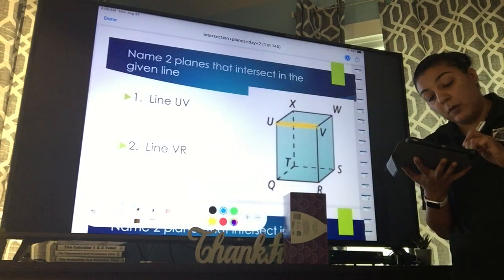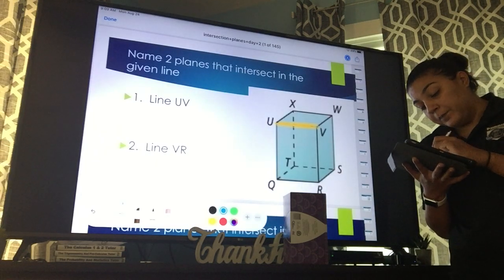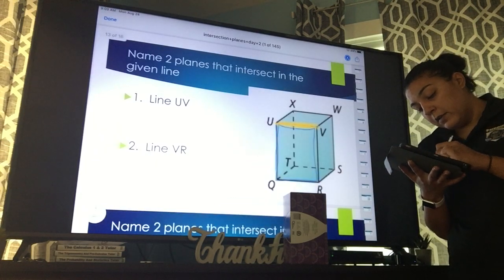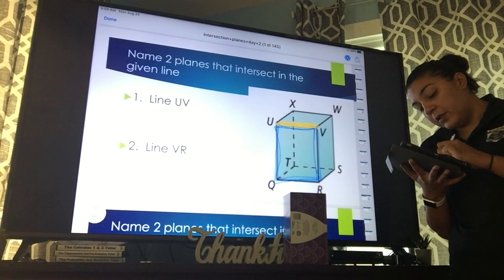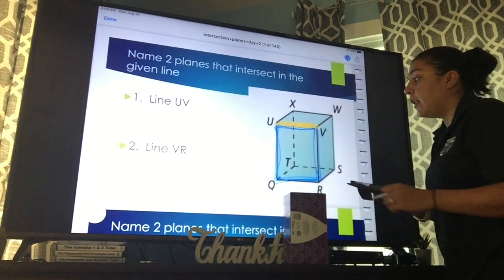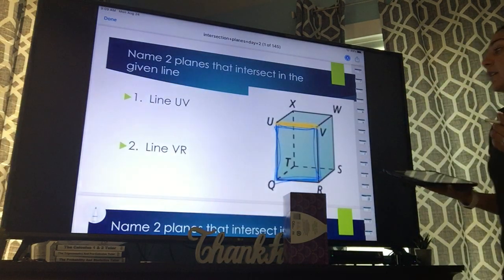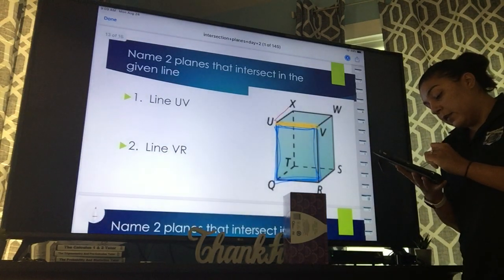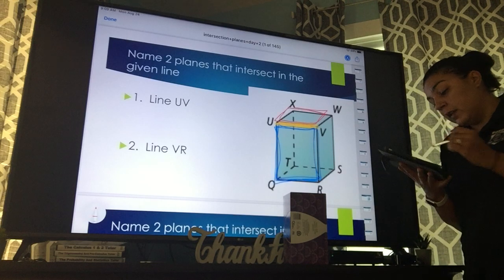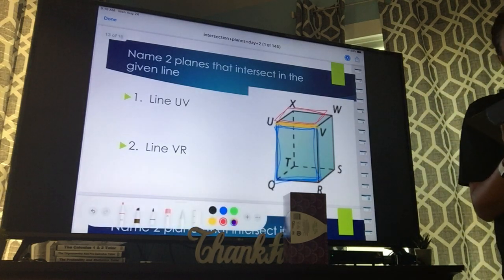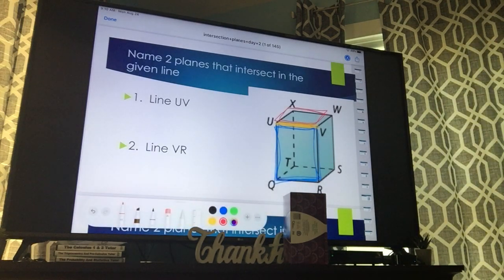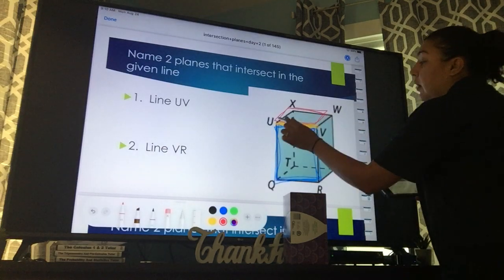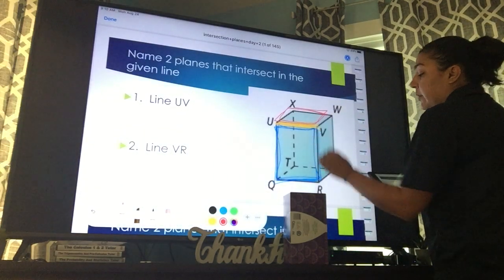Okay, so I know that one of the planes is going to be this one. Okay, because you can see that it's touching that line. And we need another plane that's going to touch that line, so it's got to be the top one. And it's just a matter of naming them. If you would rather name them 4 points rather than 3, because normally you would say, well, UVW and UVR.